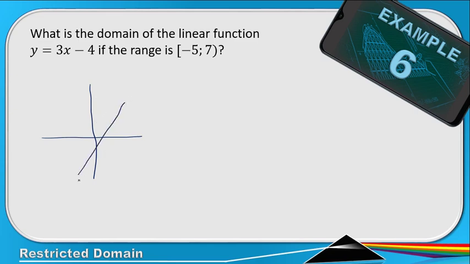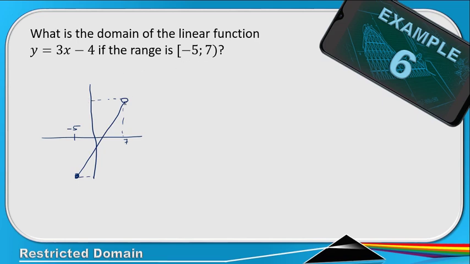We have one point from -5. We can see that it goes from -5 up to 7, and we have a point round about here, and this is a closed dot because it includes -5. Here it's an open dot because it does not include 7. So we basically need to find the range from this value up to that maximum value over there.